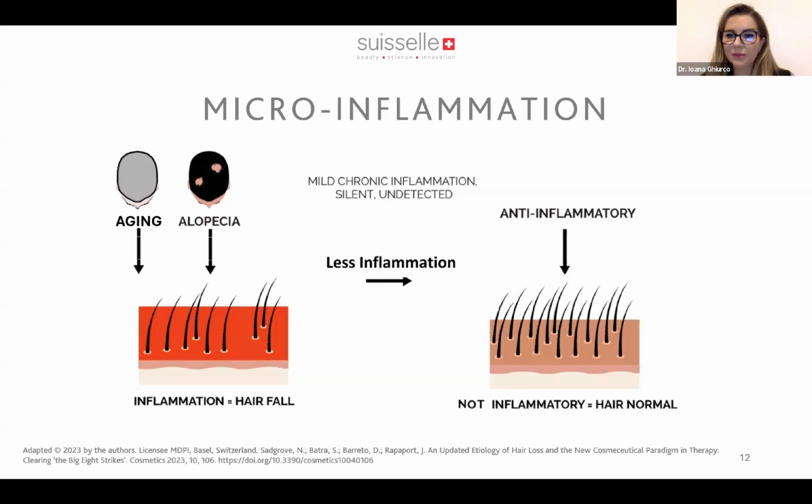So this is important to know, this microinflammation, which is also supported by the fact that anti-inflammatory drugs like minoxidil can help ameliorate the condition. This microinflammation will also lead to secretion of factors that will disrupt the hair growth cycle. Next slide, please.